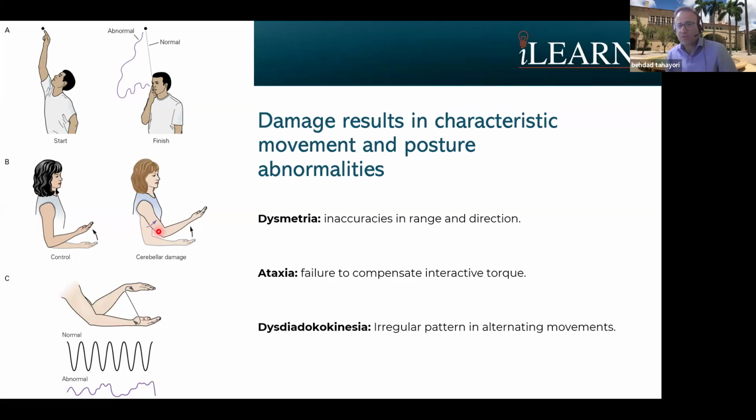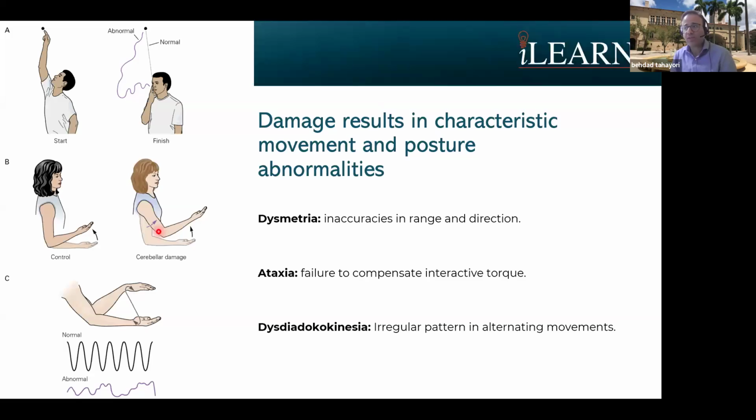These patients can't do that. This means that when there is a destabilization in their neuromuscular system, they do not detect it and can't compensate for it. This is called ataxia. We call it a lack of coordination, but that lack of coordination is basically because of failure to compensate for the constantly changing torque.